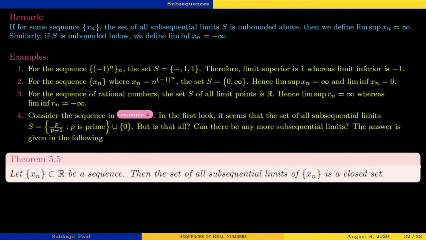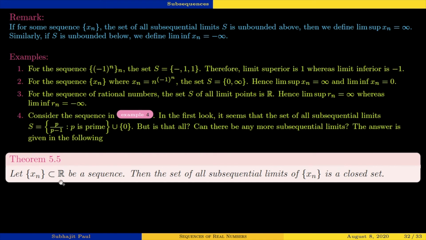This is extremely important. That means over here, p by p minus 1 was coming. Now as p tends to infinity, p a prime, this tends to 1. That 1 is a limit point of this set S.